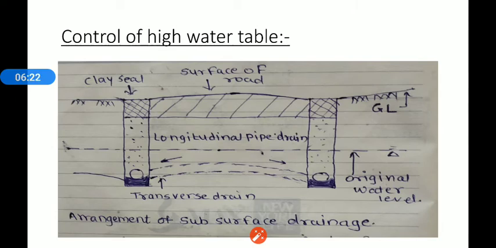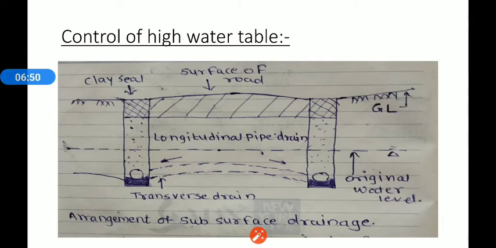Then transverse drains are also provided in places where the water touches the ground level during a particular period of the year. The best remedy is to take the road formation on an embankment. In such a case, the height of the embankment should not be less than 1.20 meter. In case the road formation is kept generally at ground level or lower than it, lowering of the water table is essential.